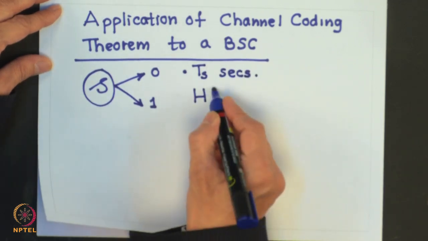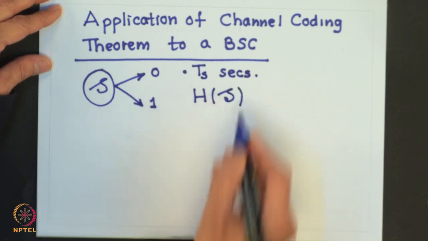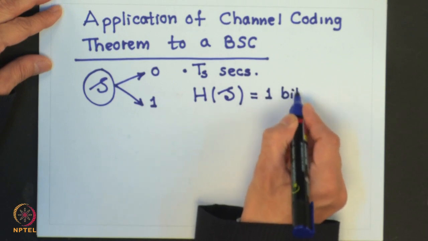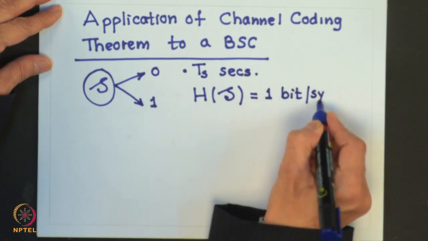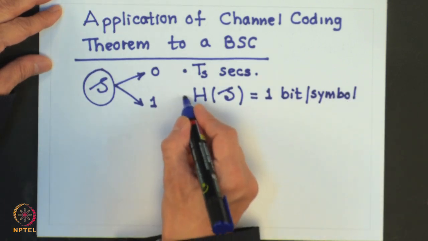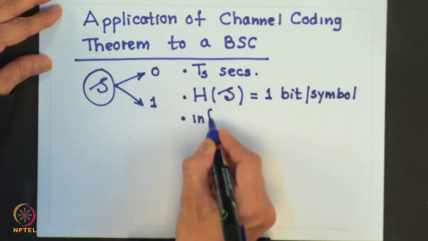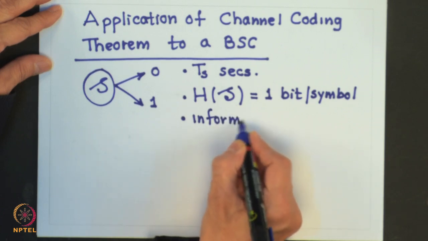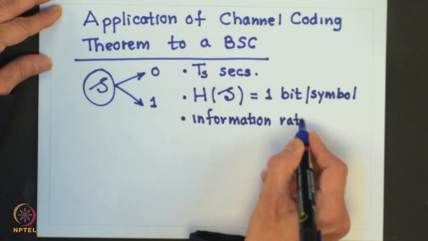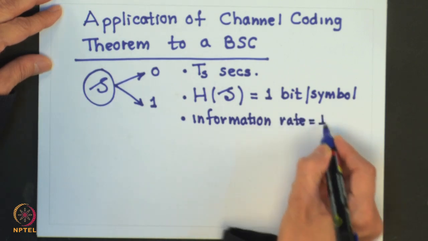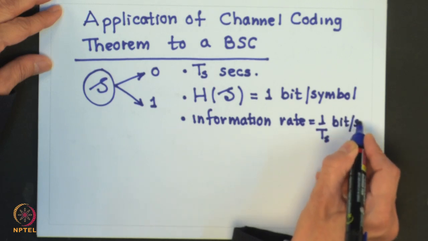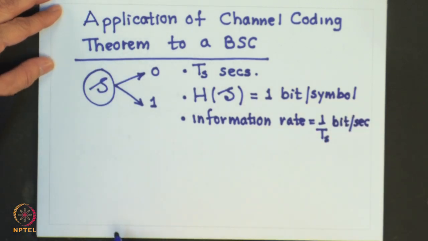Because it is a discrete memoryless source, the entropy of this would be equal to 1 bit per symbol, and the information rate would be equal to 1 by Ts bit per second, correct.